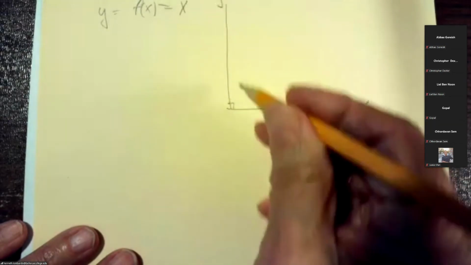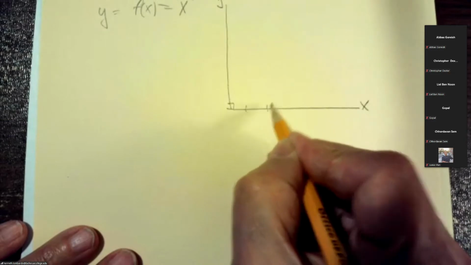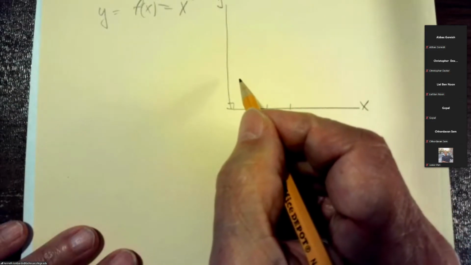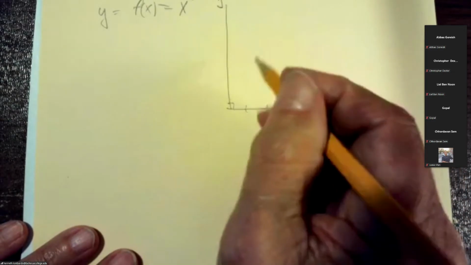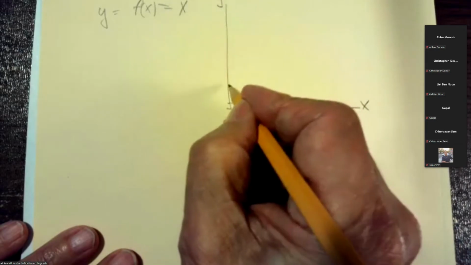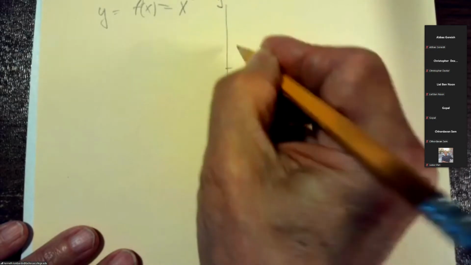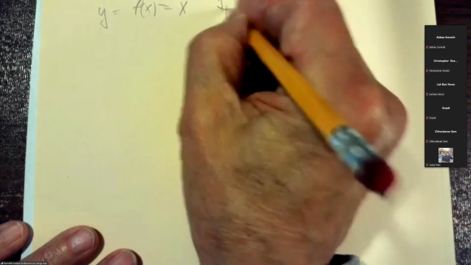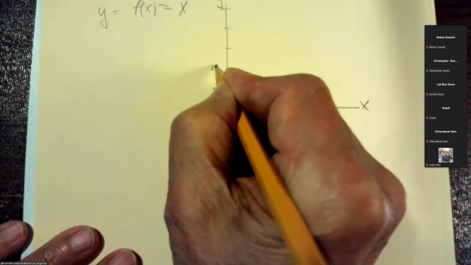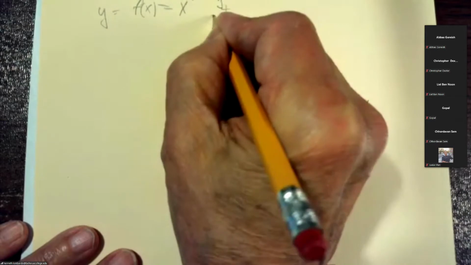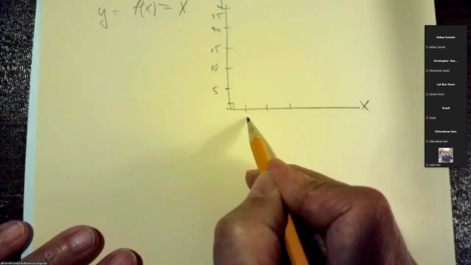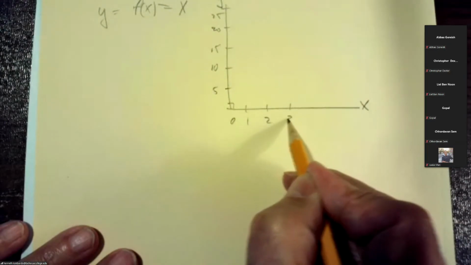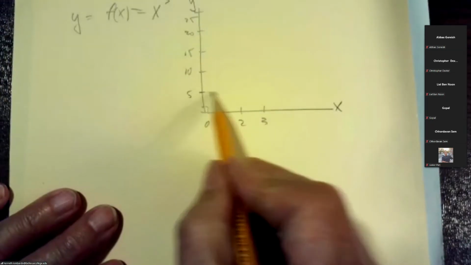And if I were to graph this, let's see, 1, 2, 3, and if I call this 5, 10, 15, 20, 25. And this we call 0, 1, 2, 3. See if we can make somewhat of a graph here.